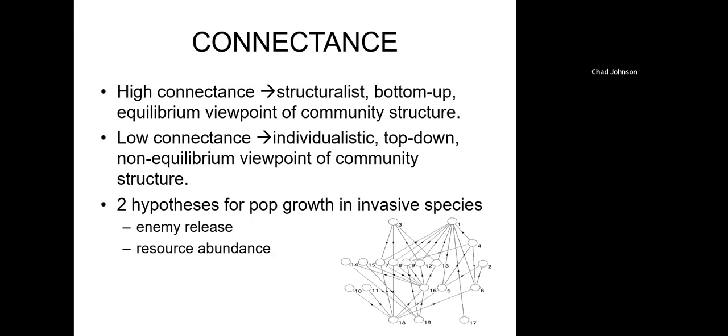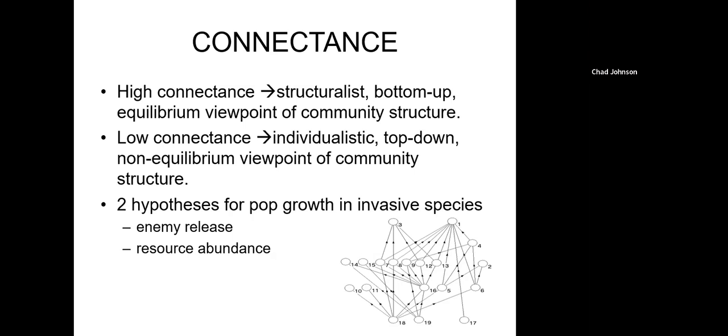Enemy release, these are terms that actually came up in the invasive species literature. If we were to explain why an invasive species survives well or does well in a new environment, maybe it's because it has tons of resources in the new area. That's a bottom up equilibrium, resource abundance, resource niche, niche uniqueness kind of explanation.